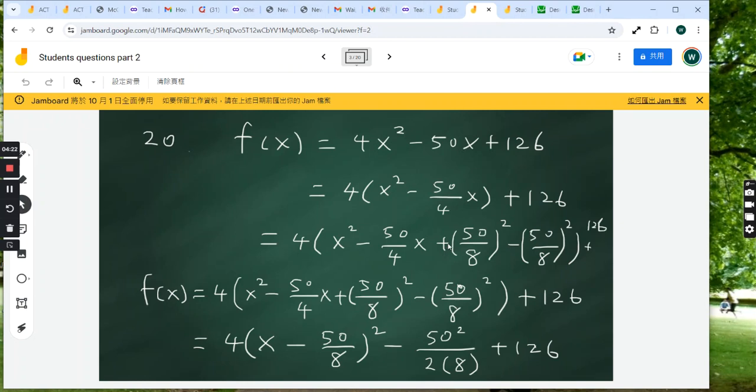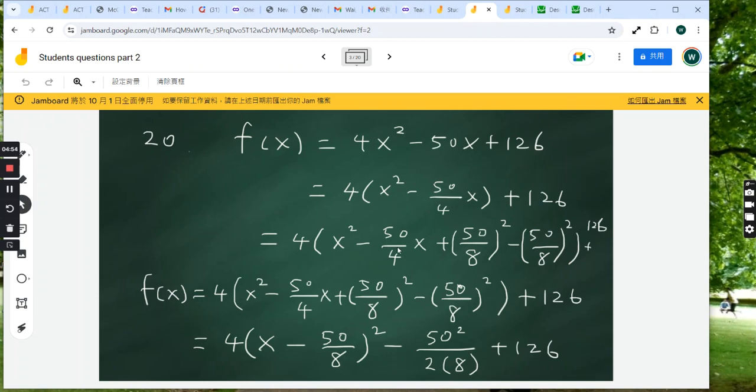Your question might be, where did this come from? Well, this is the middle term divided by 2, squared. This term is like negative 50 over 4, divided by 2.